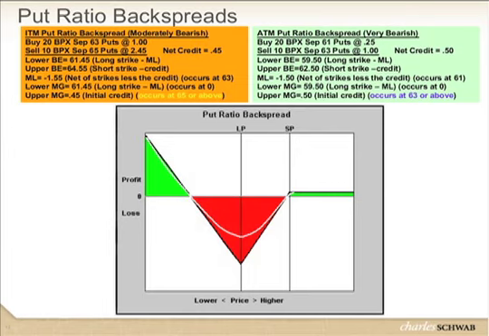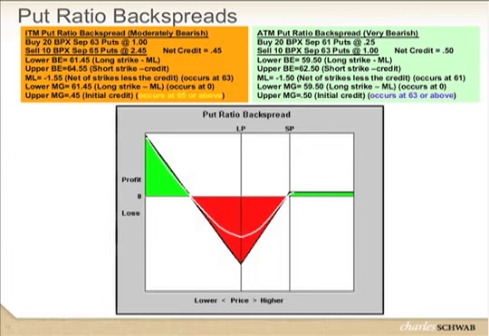So first of all, let's calculate our maximum loss. We know that this is a 2-point strike spread between the strikes. We got 50 cents when we put the trade on. So our maximum loss is the net of my strikes, 2 minus 50 cents, or $1.50. And the maximum loss occurs when I'm in that red zone, when I'm in between those two break-evens.